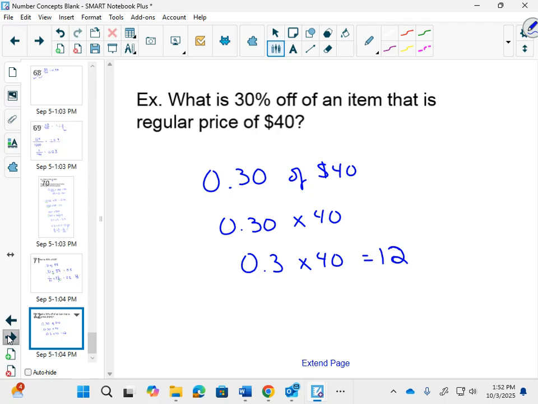So it would be $12 off. What's the new price then? It was $40. You got $12 off. Take away 10 first. How much is it going to cost you? 28.